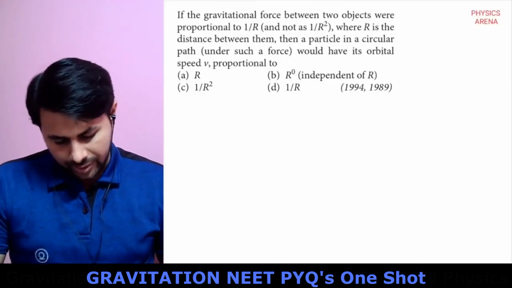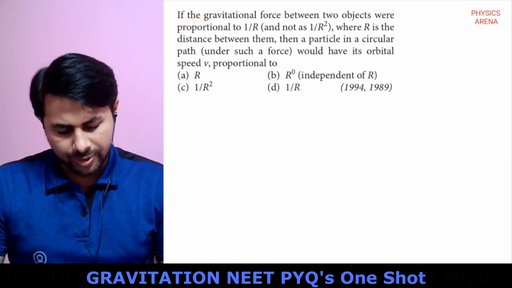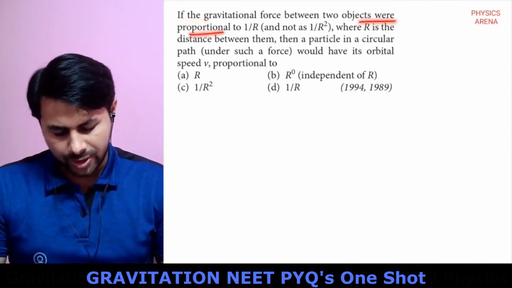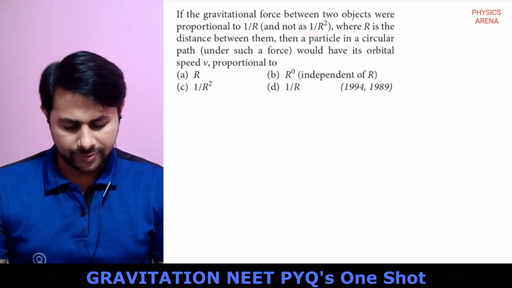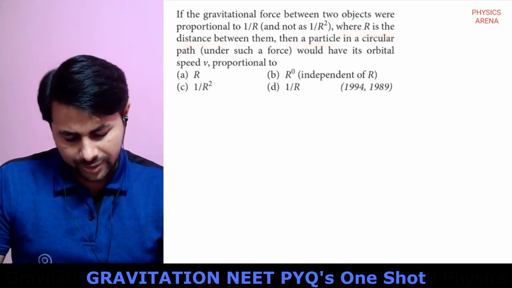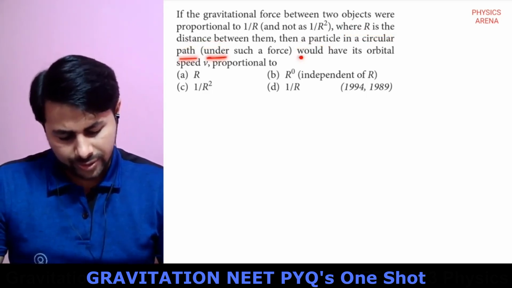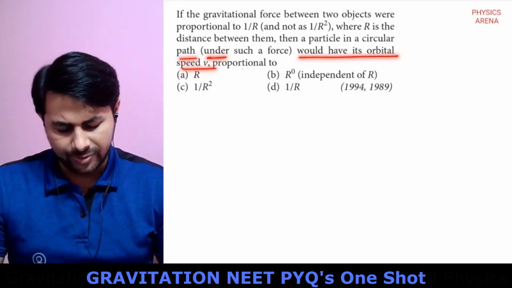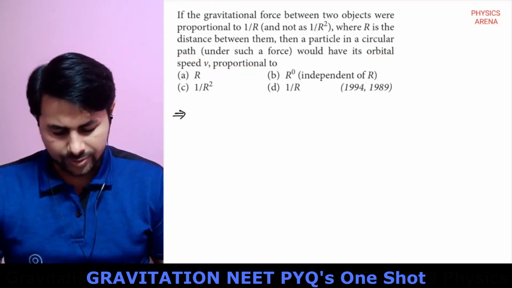Next question. If the gravitational force between two objects were proportional to 1 divided by r and not 1 upon r square, where r is the distance between them, then a particle in a circular path under such a force would have its orbital speed v proportional to what?